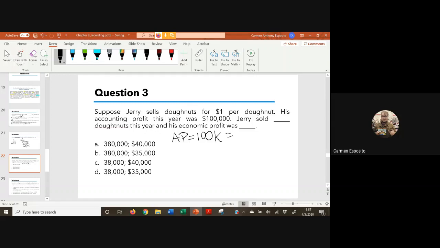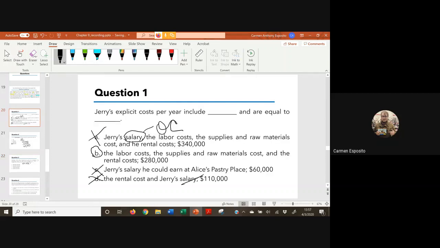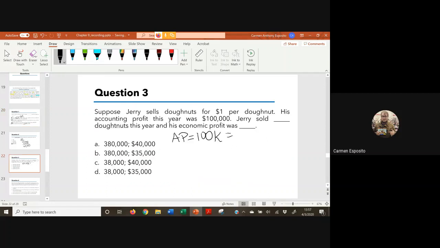That's equal to Q minus his explicit cost, which I believe we found to be 280,000. You could put a 1 here, but it's 1 times Q, and so you'll just get Q. And so the quantity he's selling is 380,000 donuts.